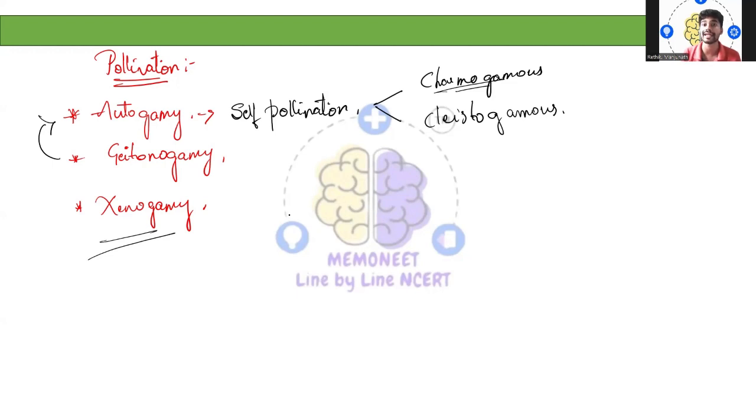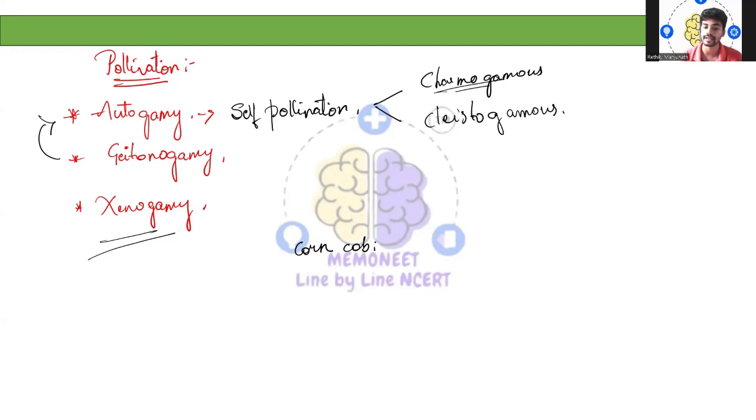So there are certain agents of pollination, like wind, water, as well as some biological agents. If I'm talking about the wind, you are familiar with the corn cob.